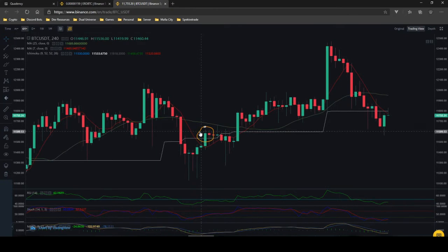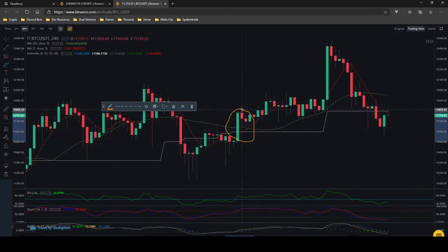What you're looking at for confirmation is this. The difference between the two there: it's two red candles, green candle, green candle, and the distance of the baseline from the candle at the same time. Here it's gone above and it's closed.